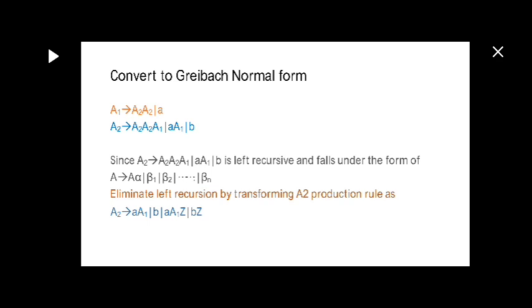The non-left recursive productions are A, A1, and B. Okay, these are all the non-recursive productions. So rewrite the rule A2 tends to a | A1 | B. Then add Z to all these non-recursive productions, that is A1 Z and then B Z.